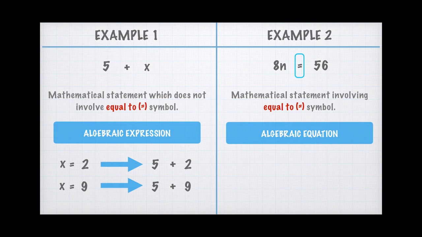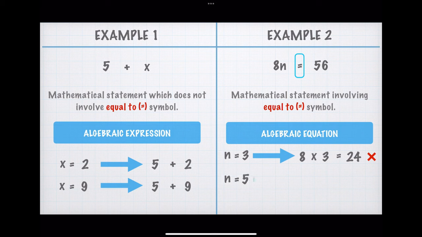Here, in 8n is equal to 56, if we assume that n is equal to 3, then 8 into 3 will be 24, which is not equal to 56. Therefore, the equation will not be satisfied and hence n cannot take the value of 3. If we assume that n is equal to 5, then 8 into 5 will be 40, which is again not equal to 56.